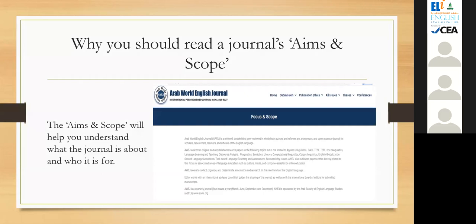I have to look at the journal's aim and scope because it might not fit with this particular journal. So that means I will raise the rejection risk.